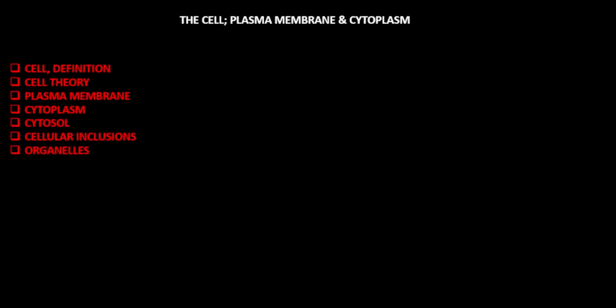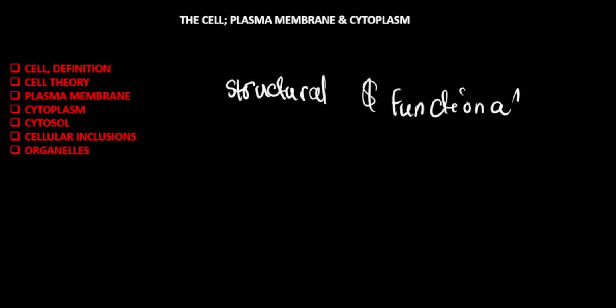We're very familiar with the definition of a cell, which is that the cell is the basic structural and functional unit of life. This simply means that the cell is the smallest unit that can carry out the general life functions. So we're probably familiar with the general life functions of movement, respiration, nutrition, irritability, excretion, reproduction, and the rest of the part where we now consider competition, habitat, adaptation, and of course death.